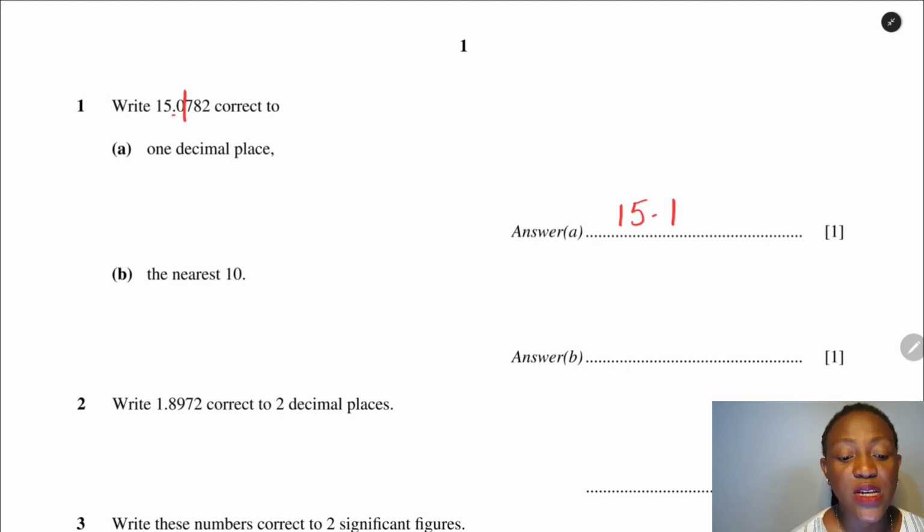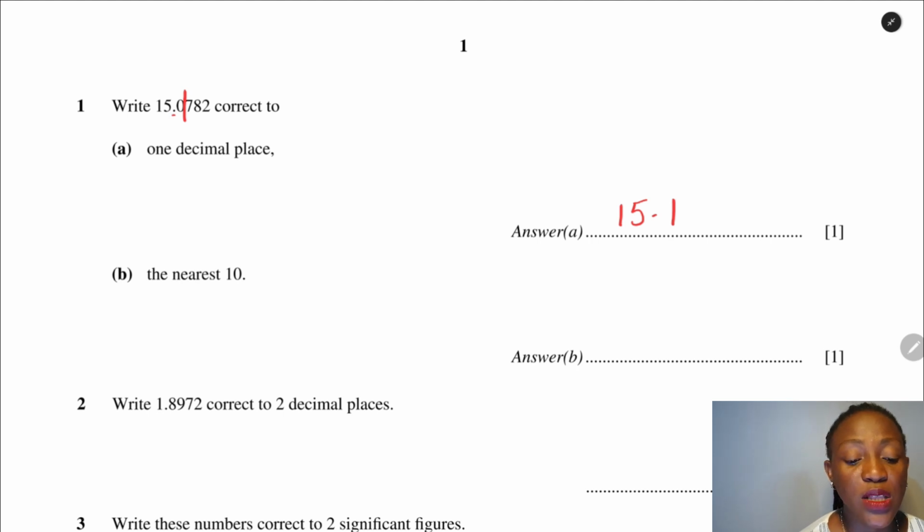Now, up next, we want to round the same number to the nearest 10. To round this to the nearest 10, you need to remember your place value when you're rounding. It is critically important that you remember your place value while rounding. So this is our 10s position. 1 is in the 10s position here. 5 is in the units position.